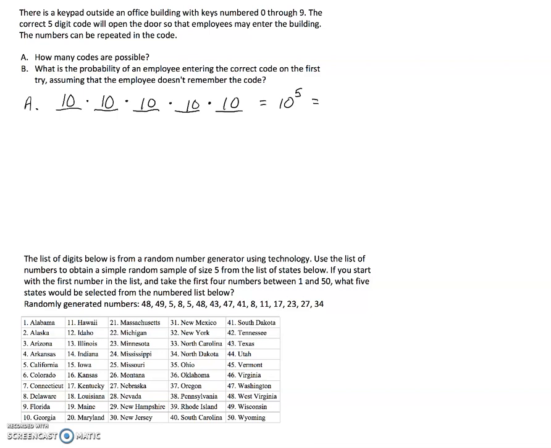So 10 times 10 times 10 times 10 times 10 is 10 to the 5th, or 100,000. So there are 100,000 possible codes.